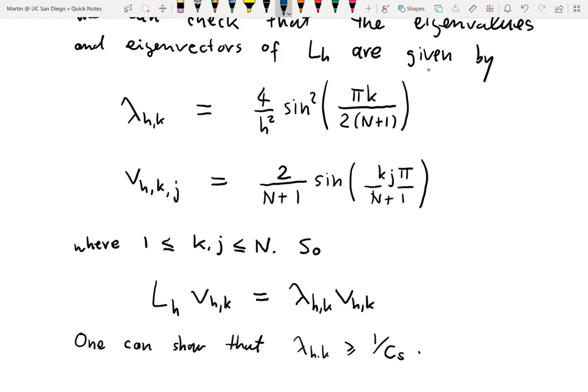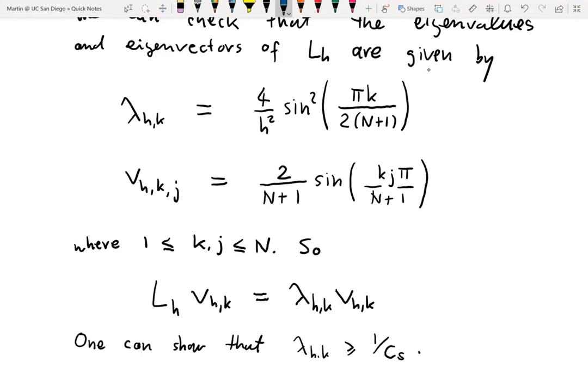And so the term h squared cancels out the other term, h squared in the denominator. So we can reasonably expect that, in fact, lambda hk satisfies a lower bound.